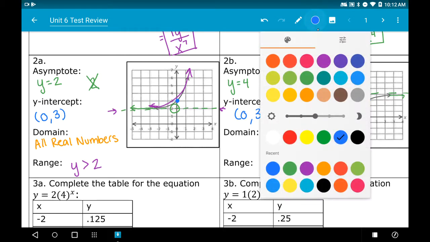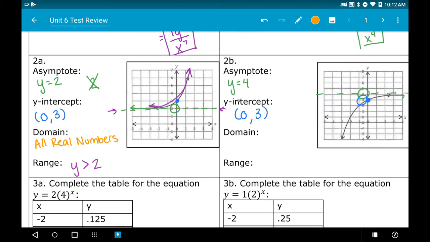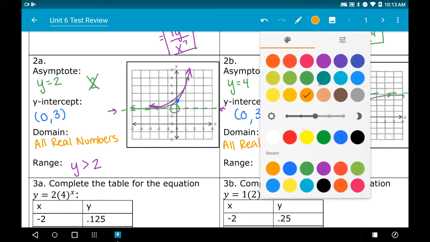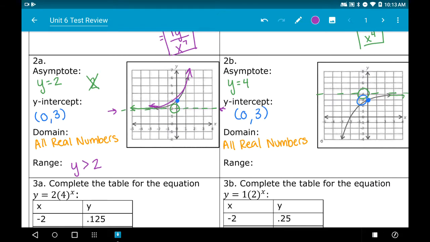The domain isn't going to change because for every single exponential function, the domain is all real numbers. And then our range, if we notice here, the graph, so this line, is completely underneath the asymptote.